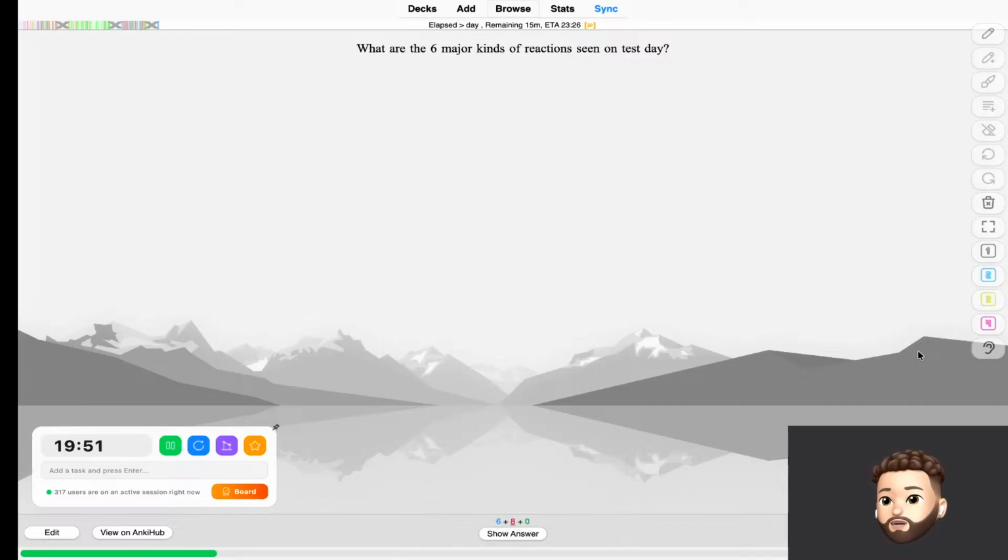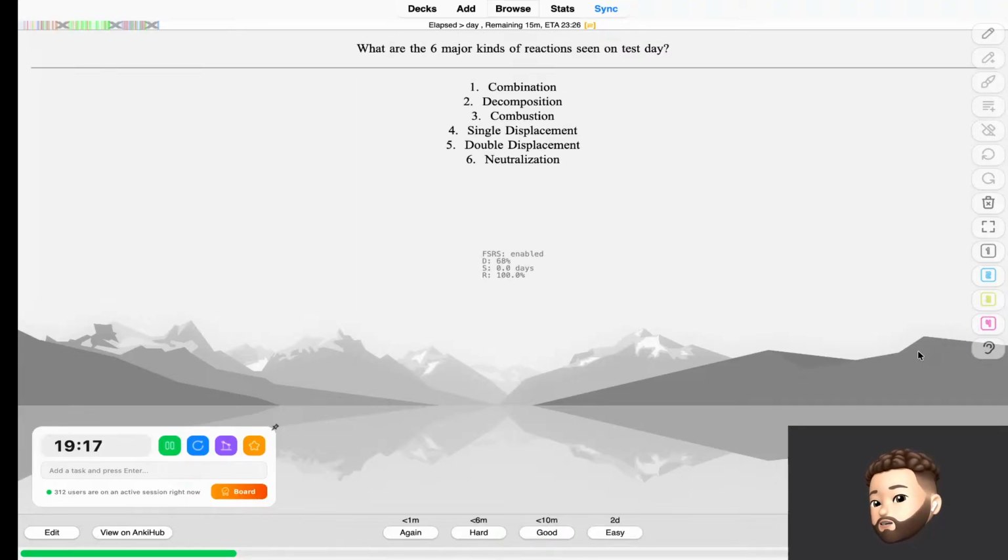Six major kinds of reactions seen on test day are: decomposition, combination, neutralization, single replacement, double replacement, and combustion.